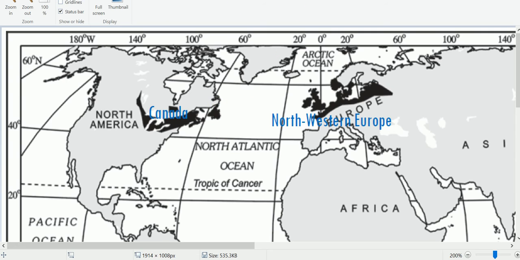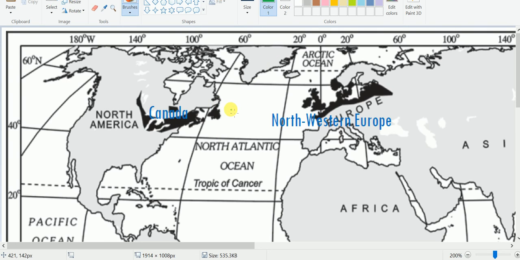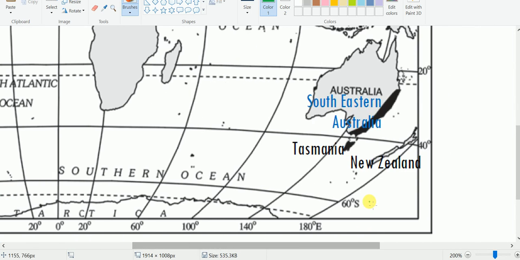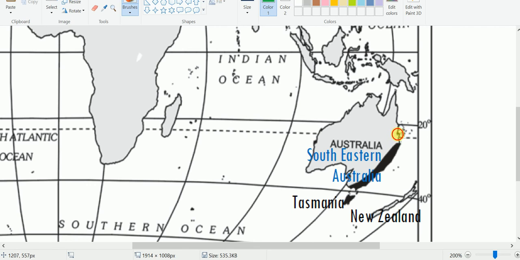Here we have the Canadian part, the industrial region, and this is northwestern Europe. In the southern hemisphere, see the dark shaded area, we have southeastern Australia, and this small island is known as Tasmania, and this is New Zealand.